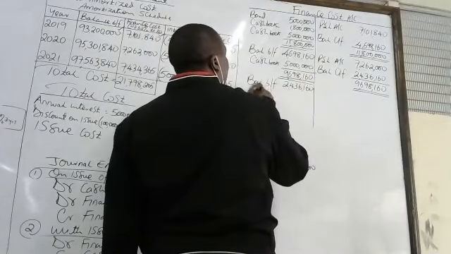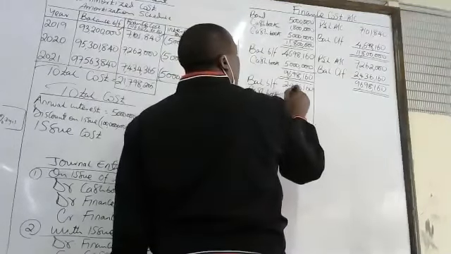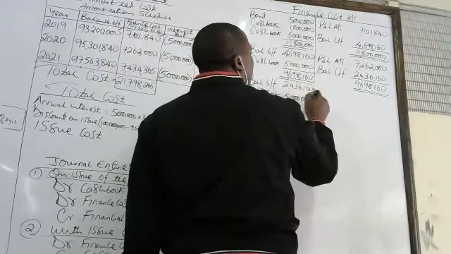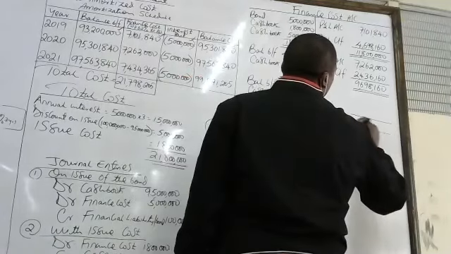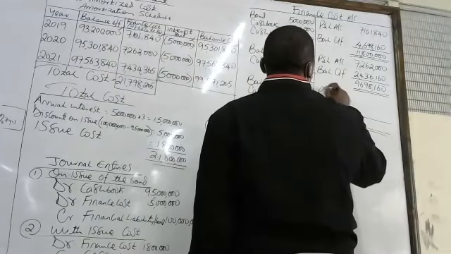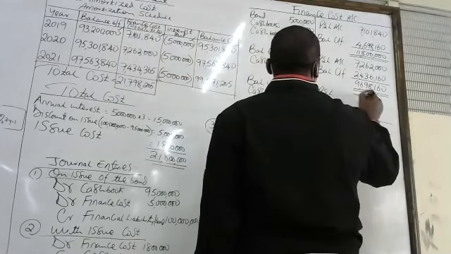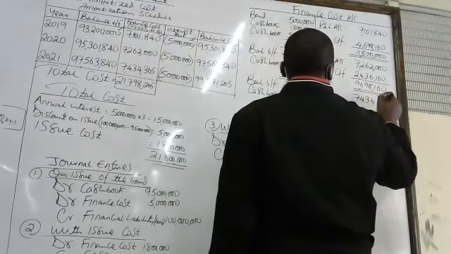So again, you pay 5 million interest, you debit here, you credit cash book. Then how much do we charge to P&L? 74,34,365.